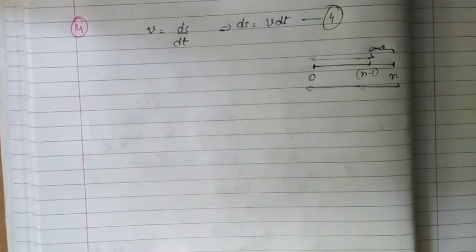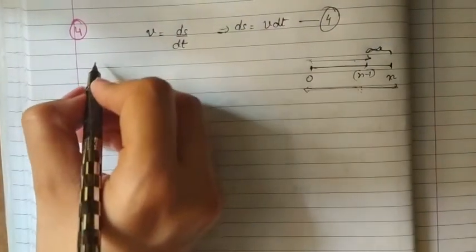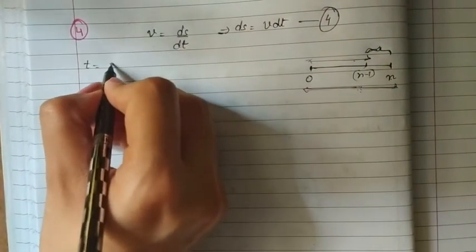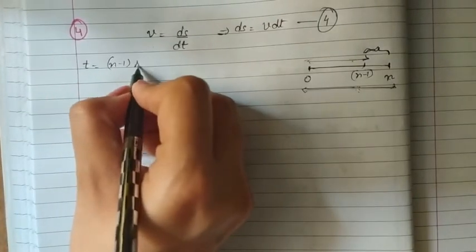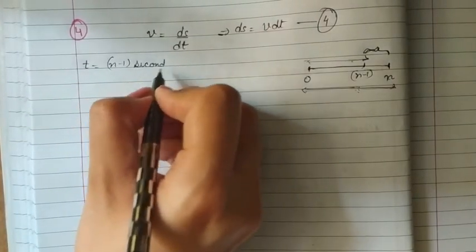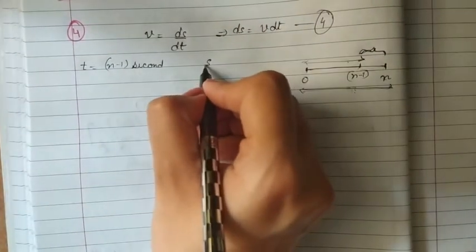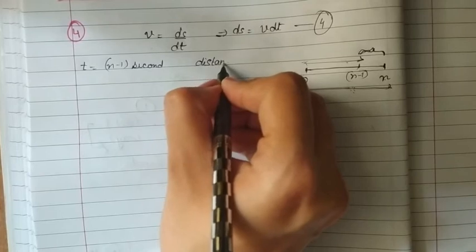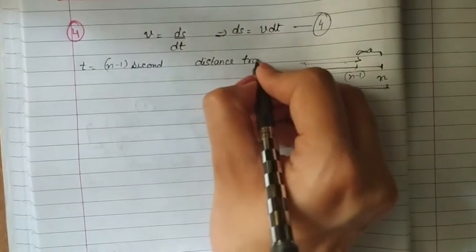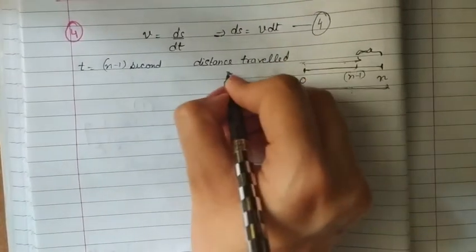So in this case, time is equal to n minus 1 second for the first position, and for this position the distance traveled is Sn minus 1.